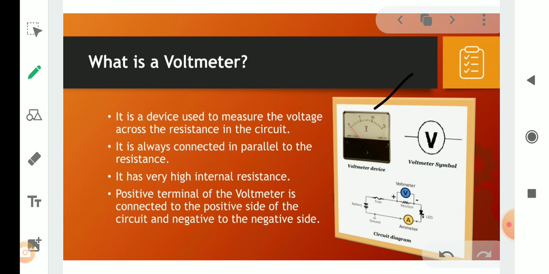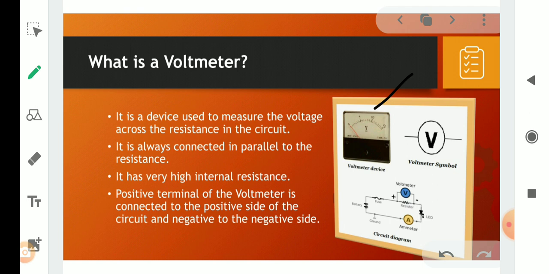It is always connected in parallel to the resistance. Do you remember how the ammeter is connected? The ammeter is connected in series to the resistance, and the voltmeter is connected in parallel. In further classes, you will study what series and parallel connections are.